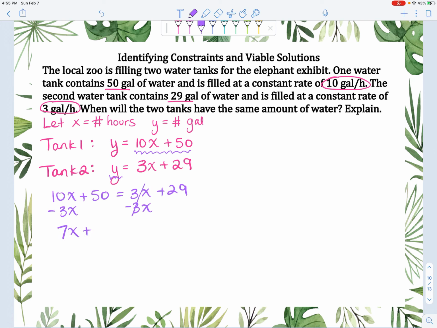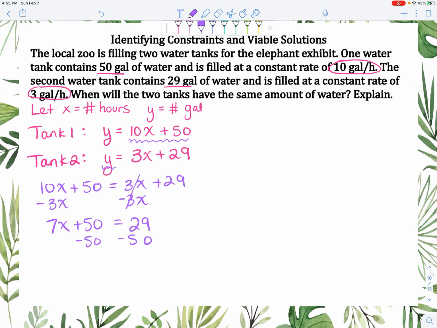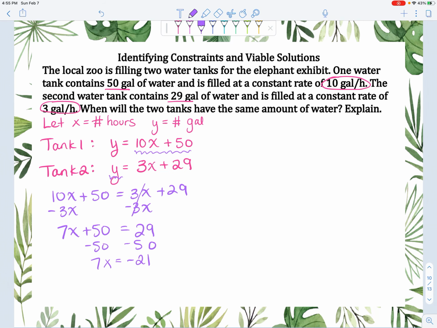That's going to leave me with 7x plus 50 equals 29. And now it's a 2-step. I'm going to solve by subtracting 50. 29 minus 50 is going to give me negative 21. So I've got 7x equals negative 21. And I'm going to solve the 1-step by dividing. And I get x equals negative 3.